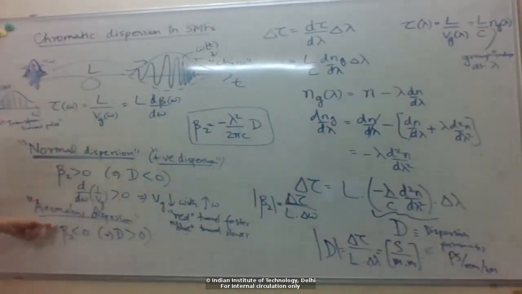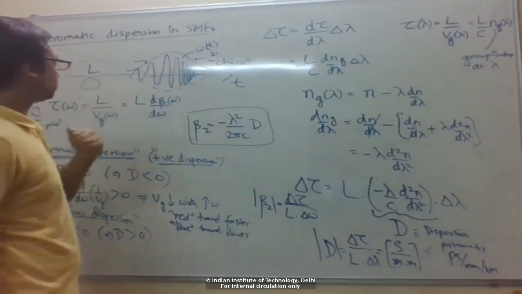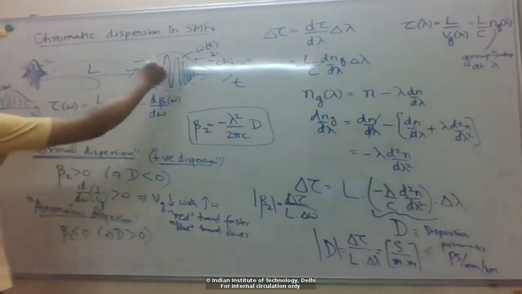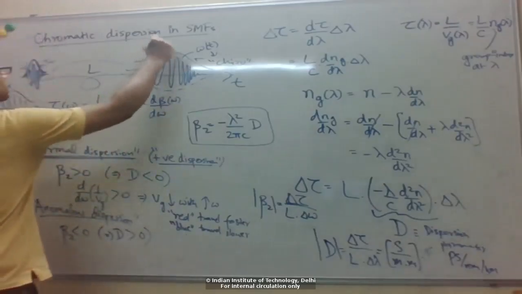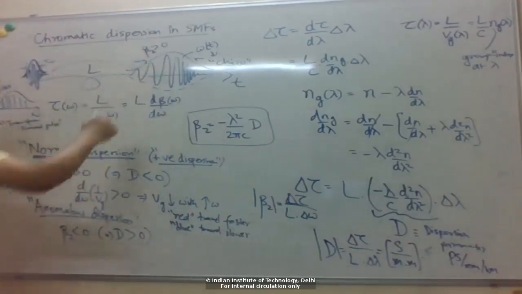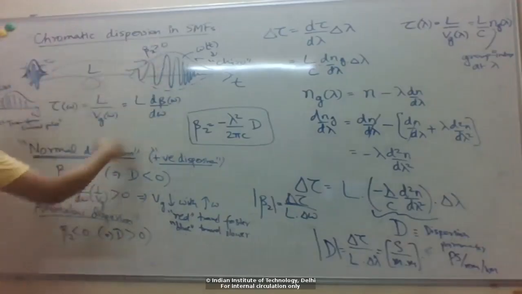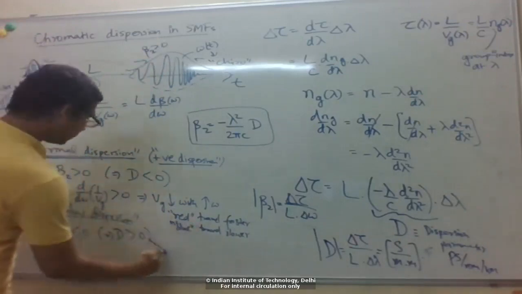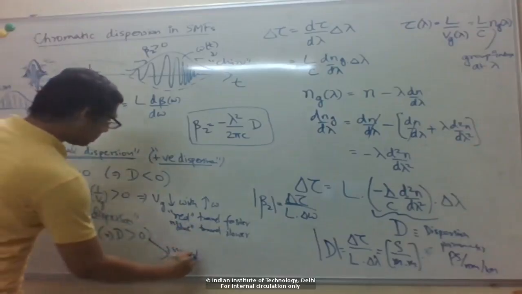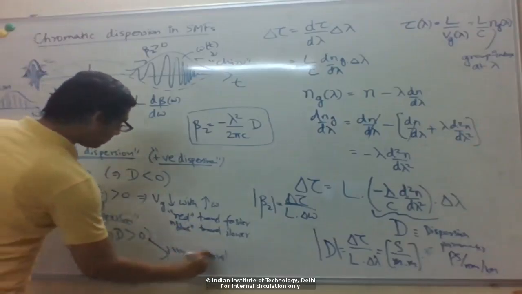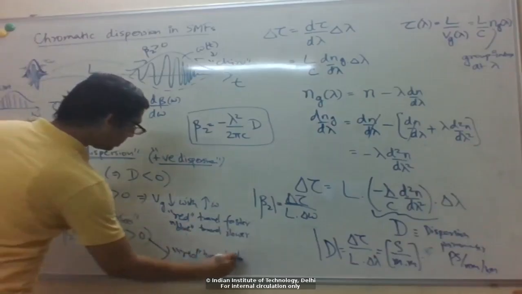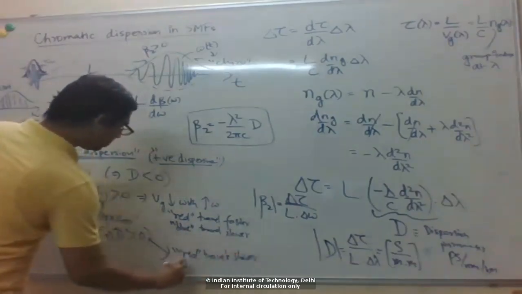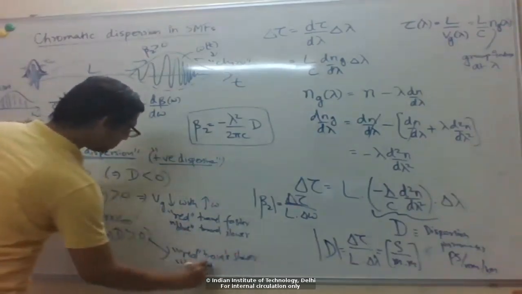The only difference between these two is that the sign of the chirp is opposite. This is the case for normal dispersion. If you have anomalous dispersion, this situation is reversed. So in this case, red travels slower and blue travels faster.